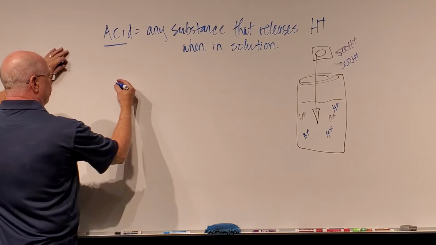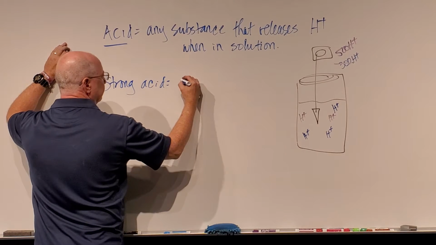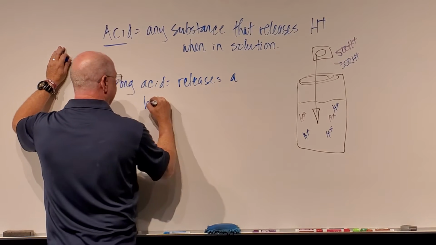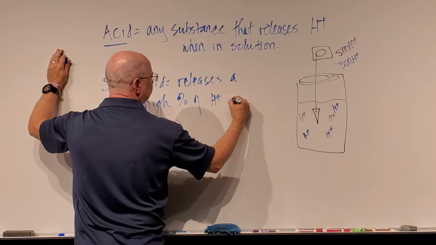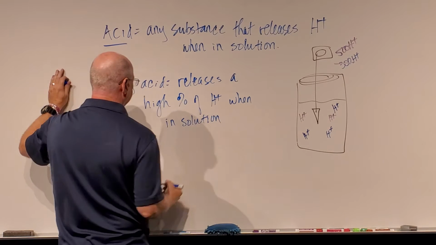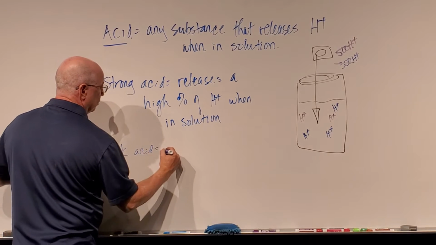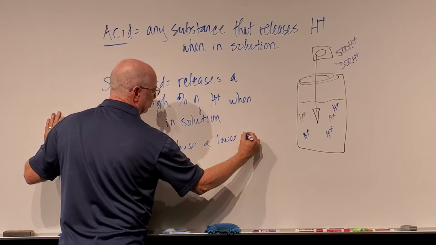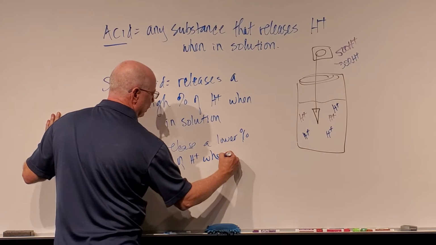A strong acid releases a high number, or sometimes we'll say a high percentage, of its hydrogen ions when in solution. And a weak acid will release a lower percentage of hydrogen ions when in solution.